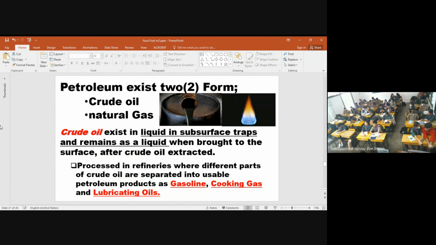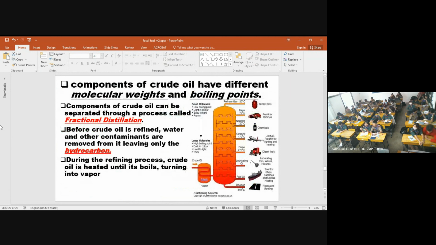We have first your gasoline, cooking gas, and lubricating oils. So these are the usable petroleum products. This is the example.